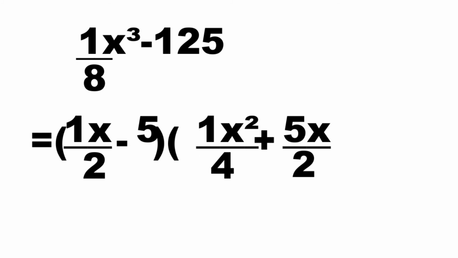Then squaring the last term is plus 25. So first we get the cube root of this one and this one, and the answer is here. Then square this one to get the first term, multiply this one and this one to get the middle term, and square the last term.